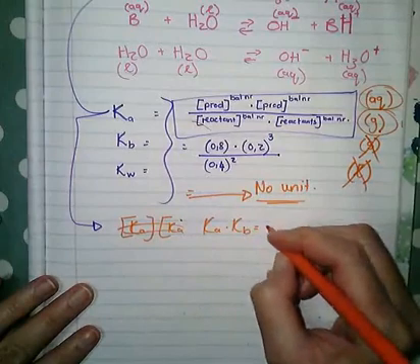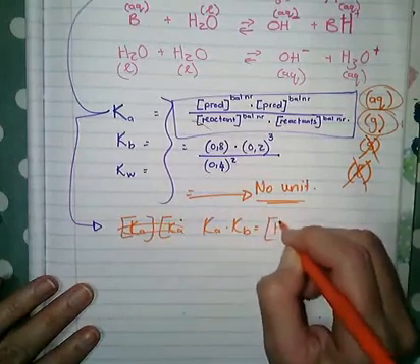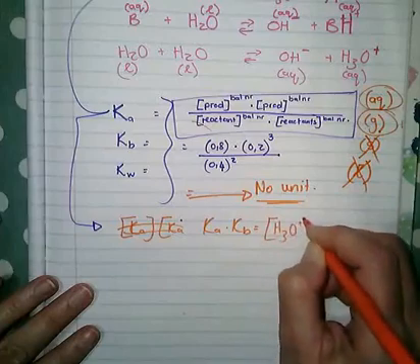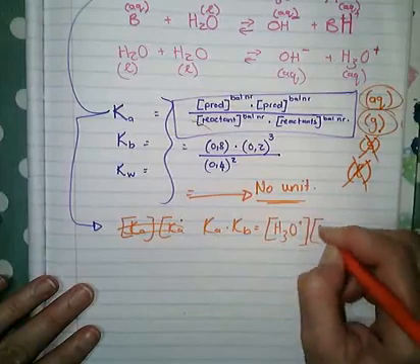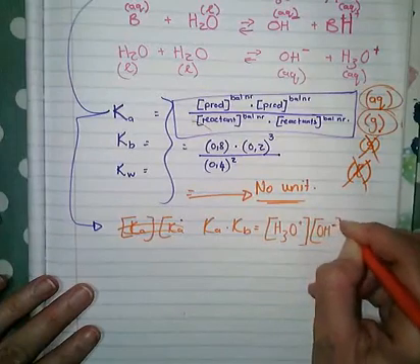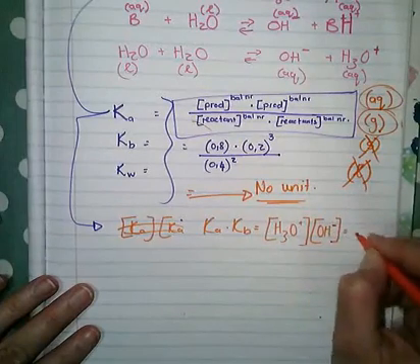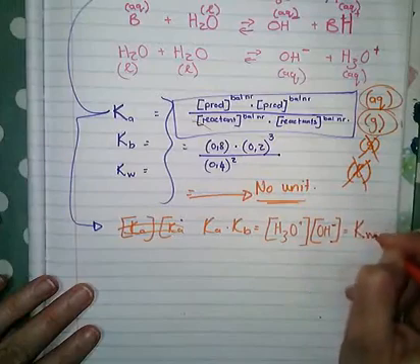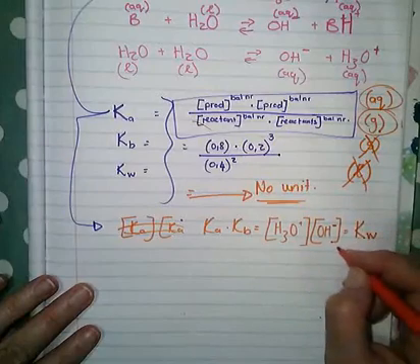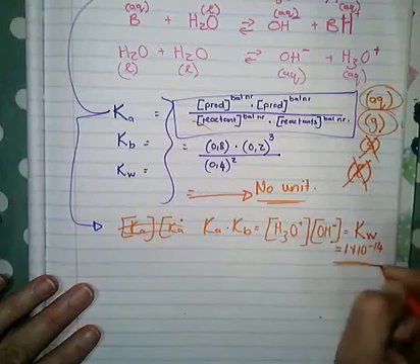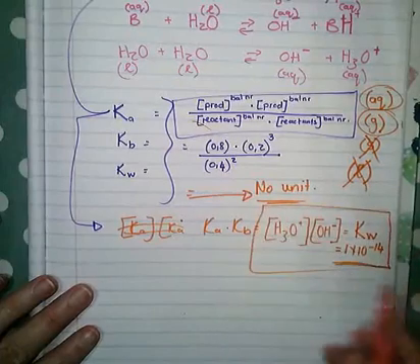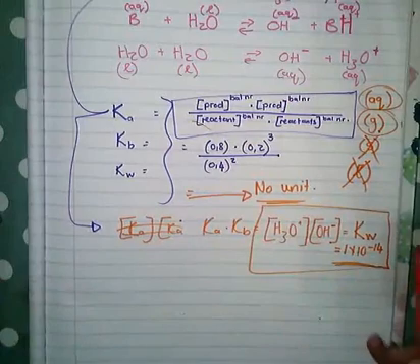Okay, so in any acid and base reaction, the concentration of H3O multiplied by the concentration of the hydroxides will give us 1 times 10 to the power of minus 14. So this is going to allow us to swap between concentrations of H3O and OH.